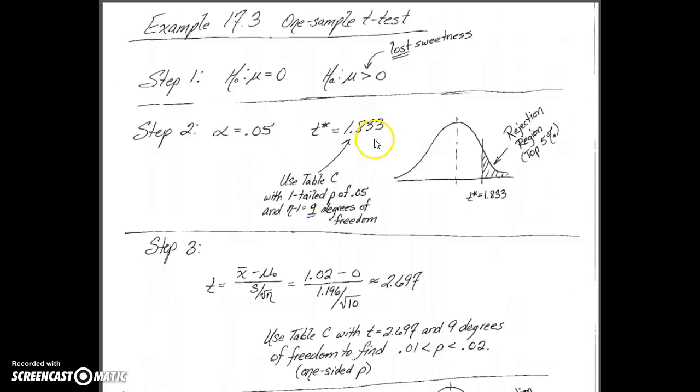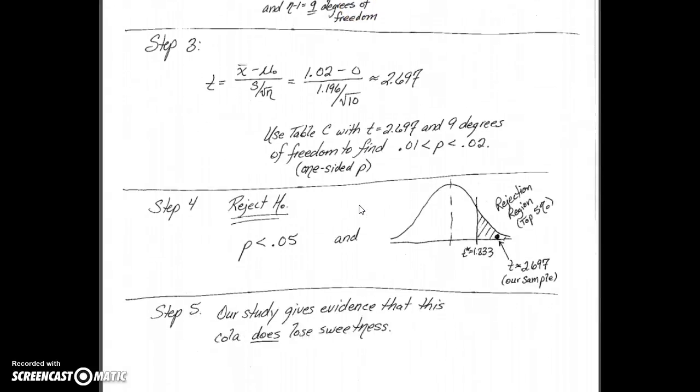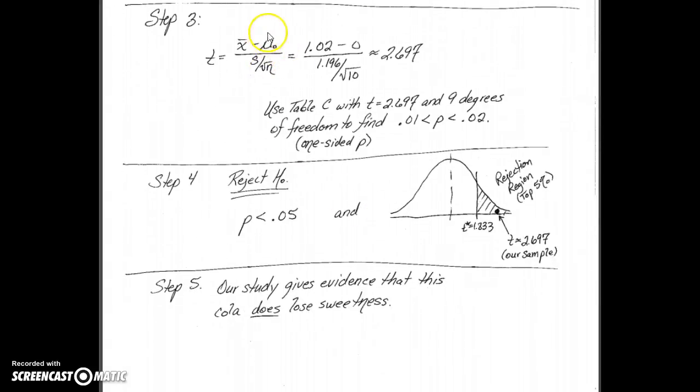So again, that's a cutoff. That's a value we can determine before we actually even look at our data, and it tells us where our t-statistic is going to have to be if we want to reject the null. It's going to have to be somewhere greater than 1.833. So if we run through the calculations, it should look very similar to the z-test statistic, with the difference being we now have the sample standard deviation rather than the population standard deviation sigma.